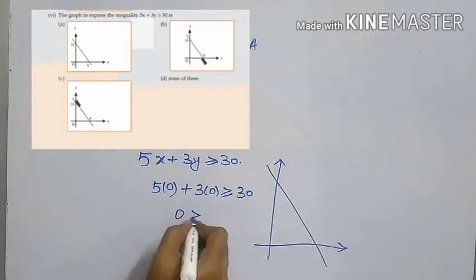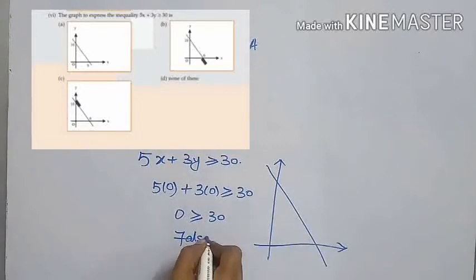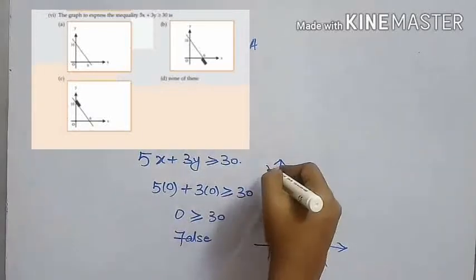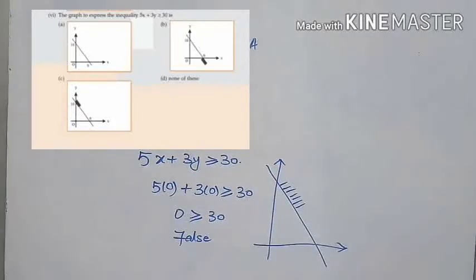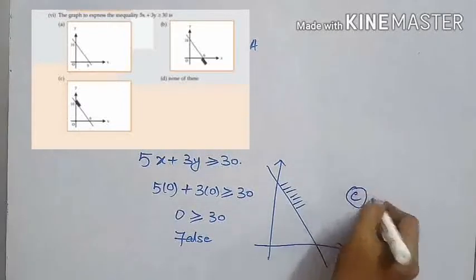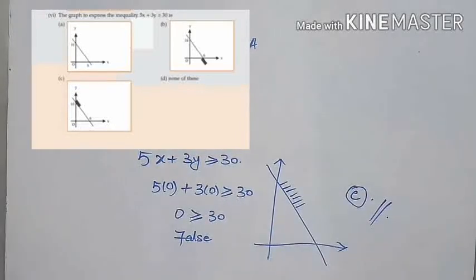Let us represent it graphically. So this statement 0 greater than or equal to 30 is false. So the solution space for this inequality is on the opposite side of the origin. So option C is the answer.